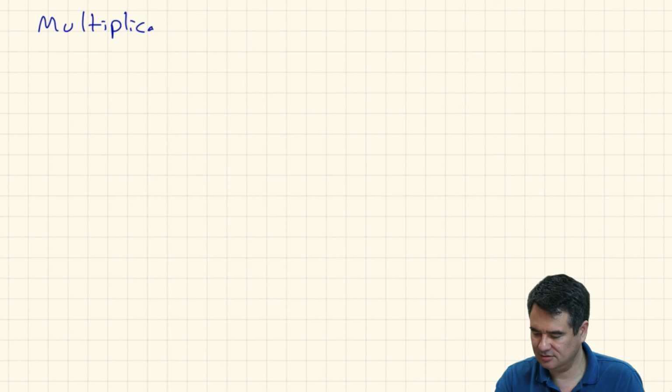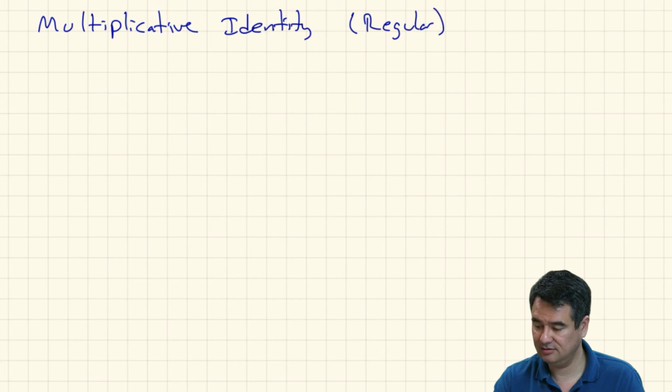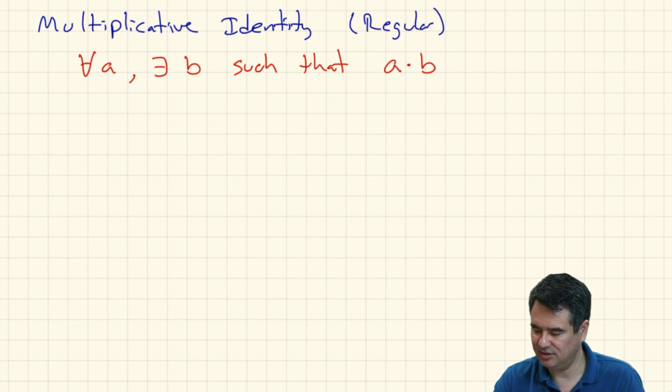Multiplicative identity. And this is regular, so regular real numbers. For all a, there exists a b such that a times b equals... you'd think the answer there would be 0, but it's not.